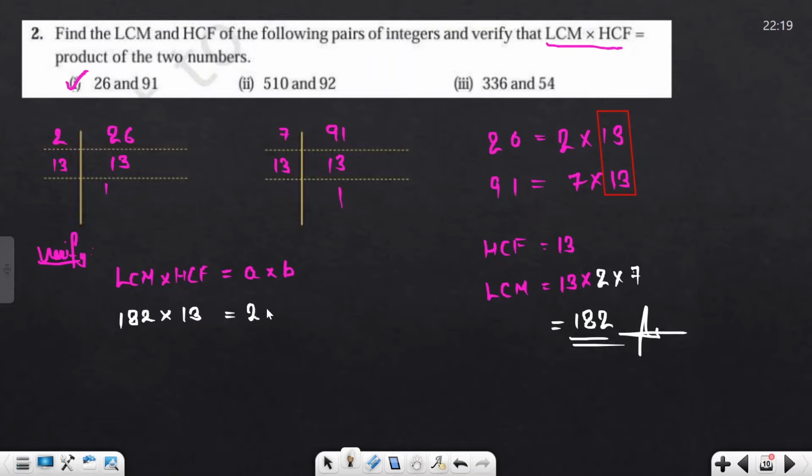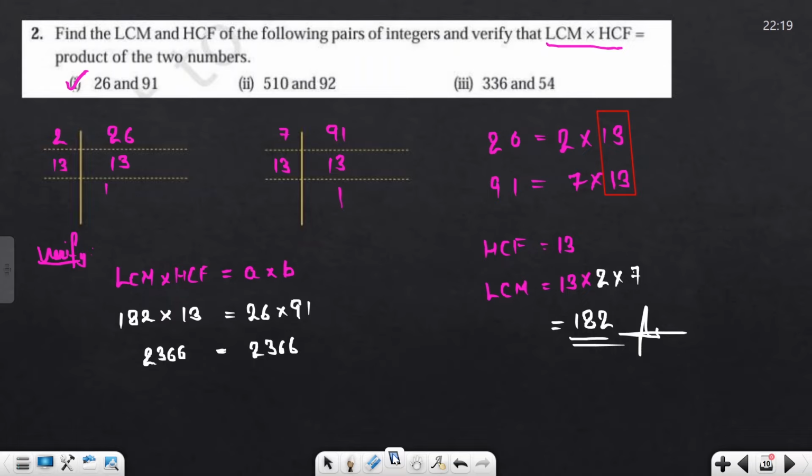First number is 26, second number is 91. So multiply it. When we multiply 182 with 13, we get 2366. And if you multiply 26 into 91, you again get 2366.